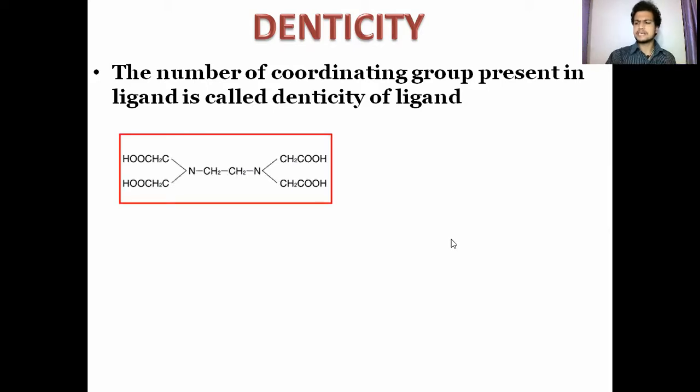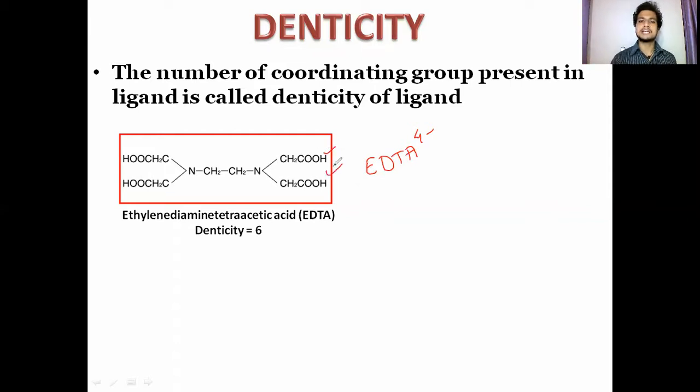Here is an example I have taken. This is a very common ligand which we use in coordination compounds. This is ethylene diamine tetraacetic acid. Its ionic form we use as a ligand, which we write as EDTA 4-. When it ionizes, it gives out H plus very easily, as it is a carboxylic acid.